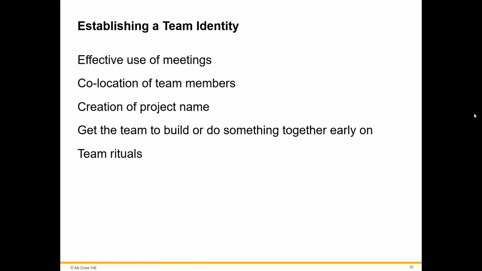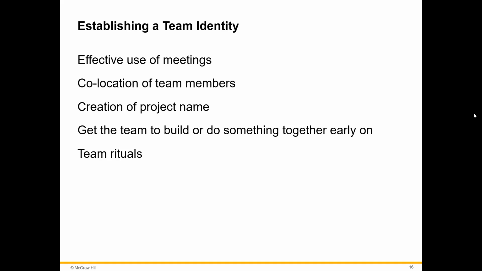Okay. And I gave you guys an option to create a team name. You can call this a BSI 361 freeze, or you can create your name however you would like. But the scenario here is to get the teams to build or do something together early on that hopefully creates team norms, team rituals, and the team organization altogether.